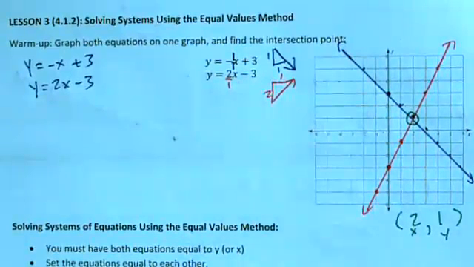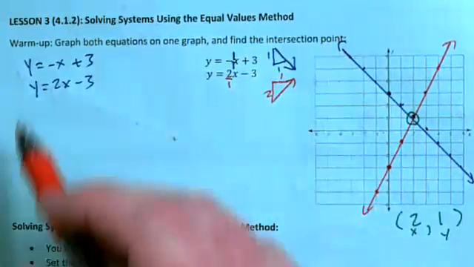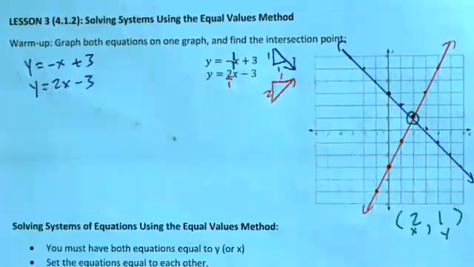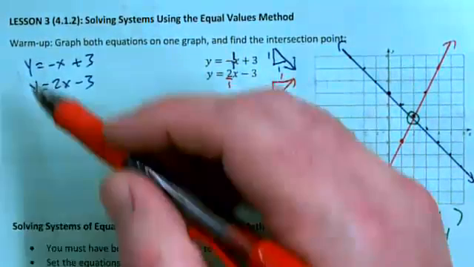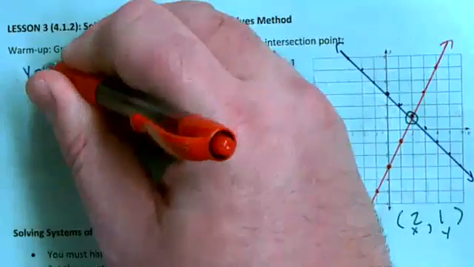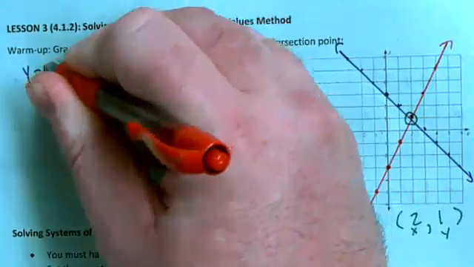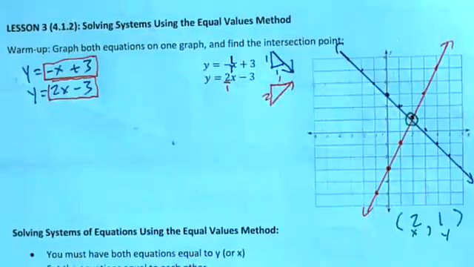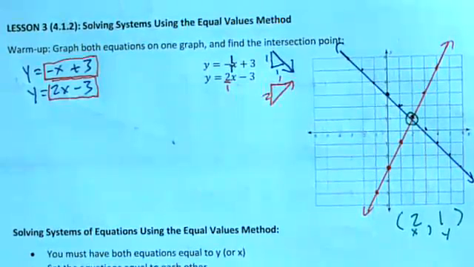So here is how equal values method works. When you have an equation where you have y equals, actually could say x equals and x equals, as long as it matches either y equals and y equals or x equals and x equals, you are allowed to take the two other parts of your equation, the things that y are both equal to, that's why it's called equal values method, and you can stick them together into one single equation.